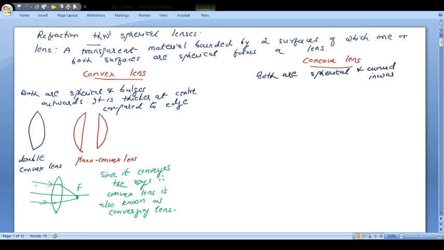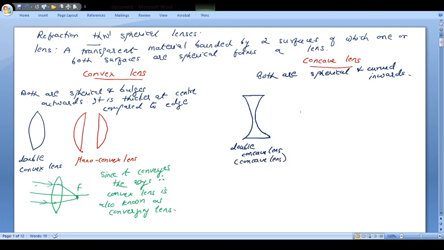It is not bulging outwards, it is curved inwards. This concave lens will be represented like this, curved inwards, not bulging out. This kind of lens is your double concave lens, or simply concave lens.